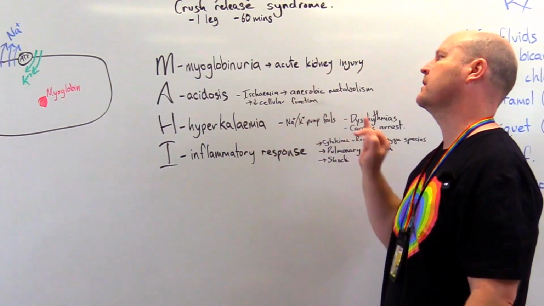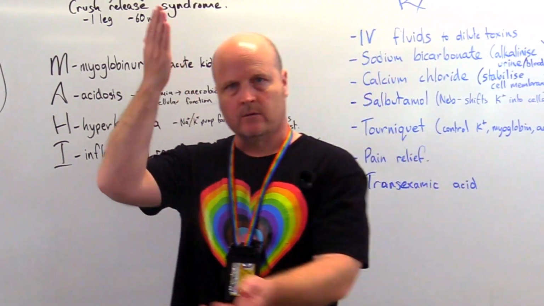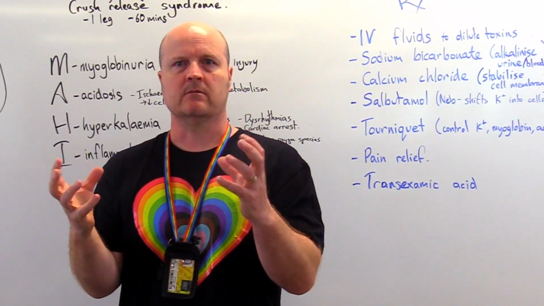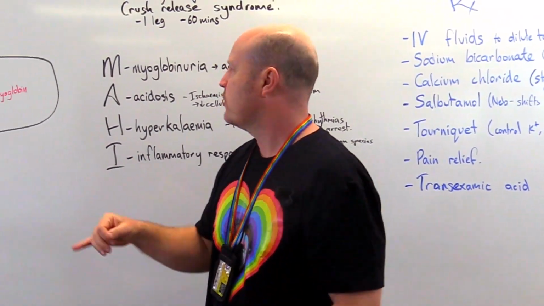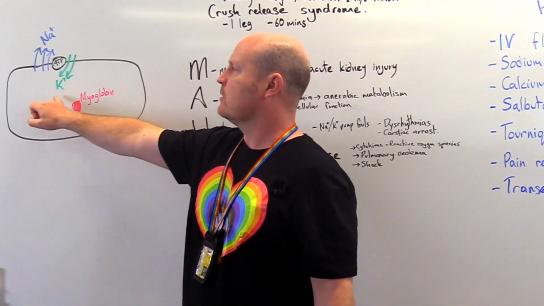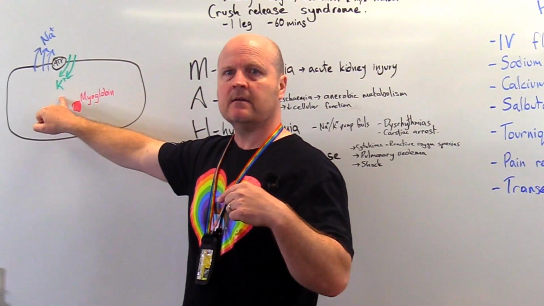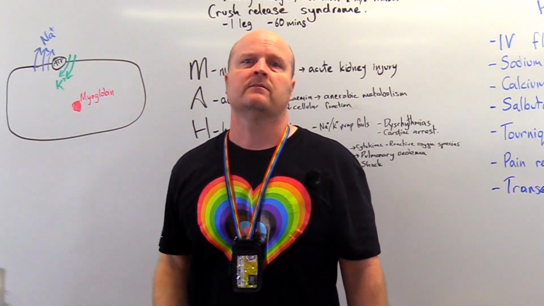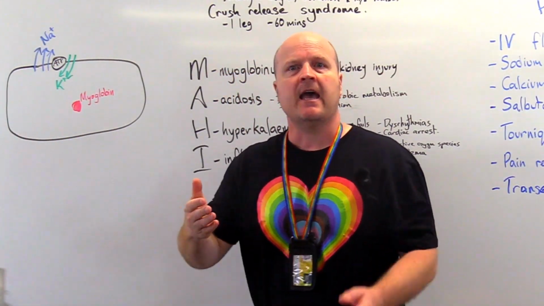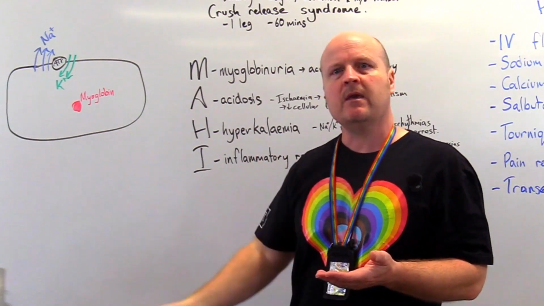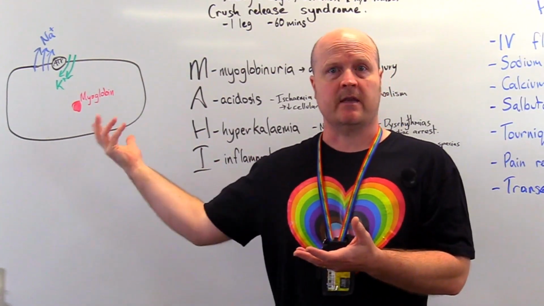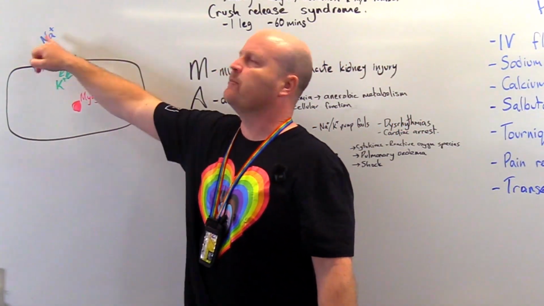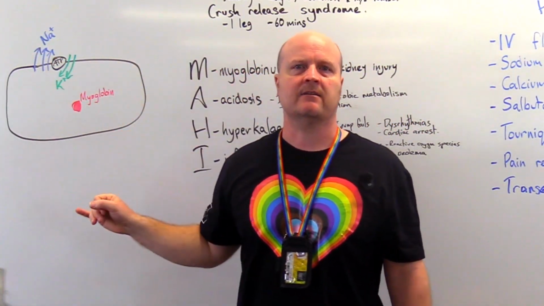H, hyperkalemia. Again, when that crush injury occurs, some of the cell membranes in the muscles are going to get ruptured. With our salty banana, we've got lots of potassium on the inside. The membrane ruptures, and that potassium is going to leave the cell. So that's going to make things worse. And the longer we have that ischemia and the longer we have acidosis in that area, the more it's going to cause the sodium potassium pump in our other cells to start to fail.